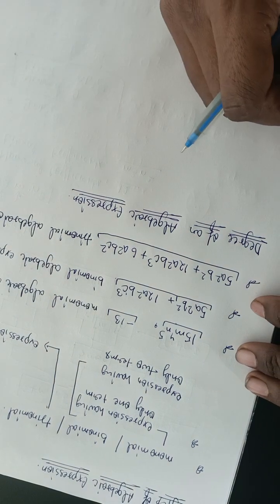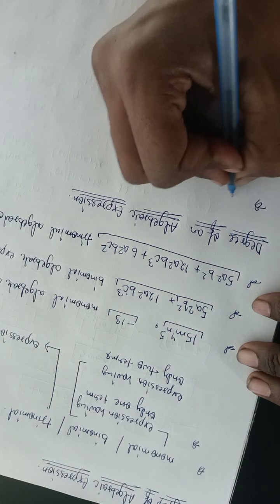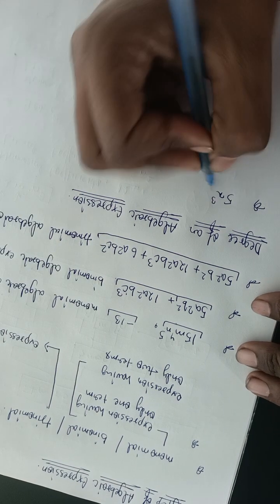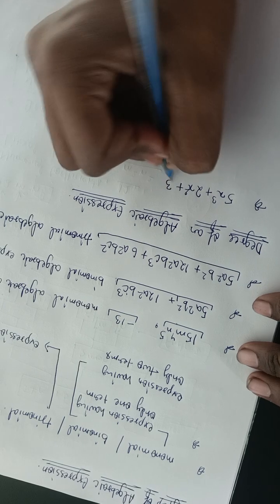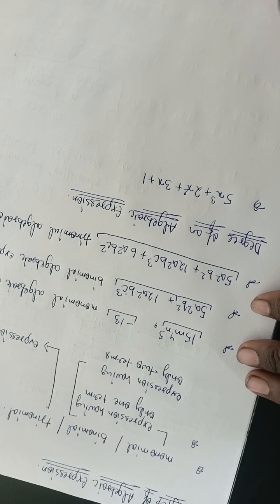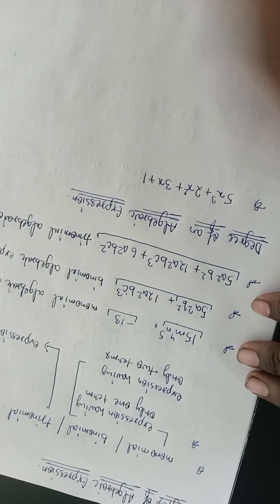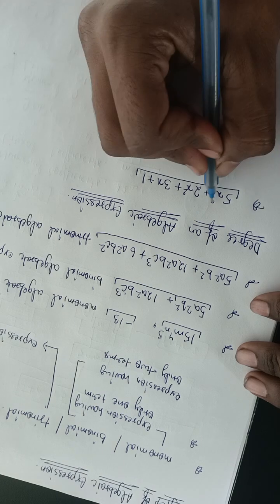Suppose an expression is written here: 5x cube plus 2x square plus 3x plus 1. Here we have to find the highest degree. The highest degree is the highest power in the algebraic expression.